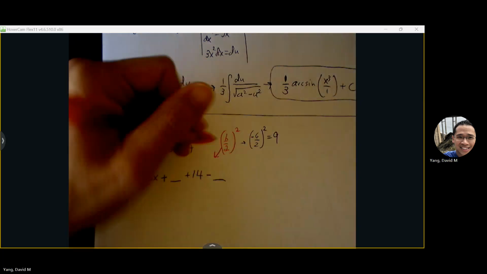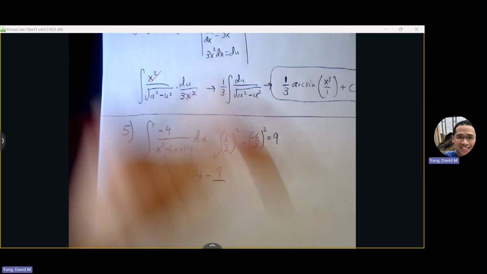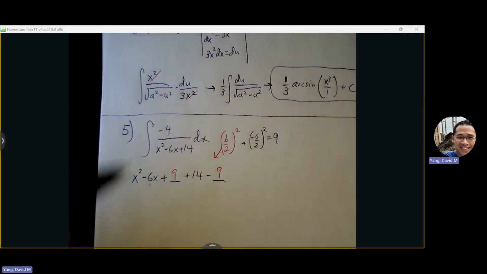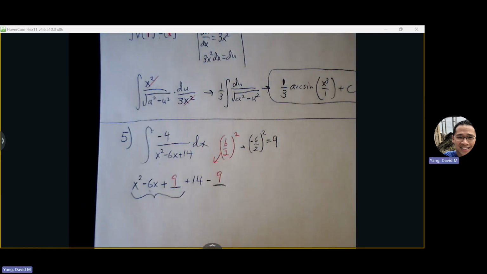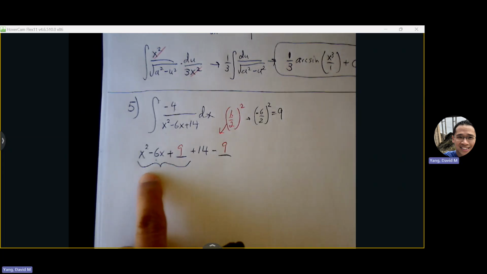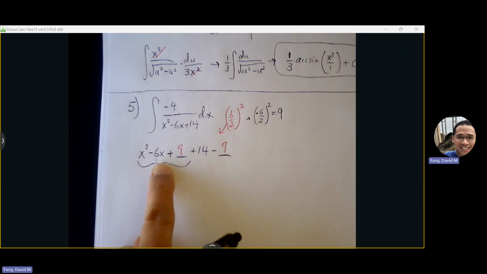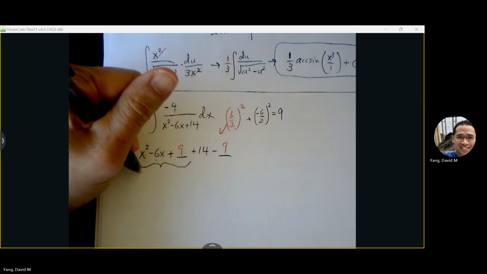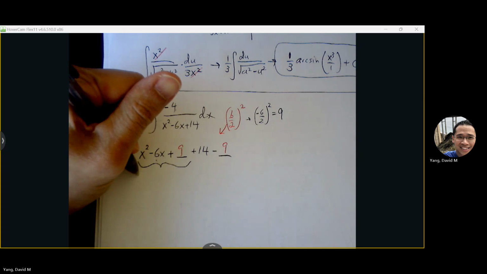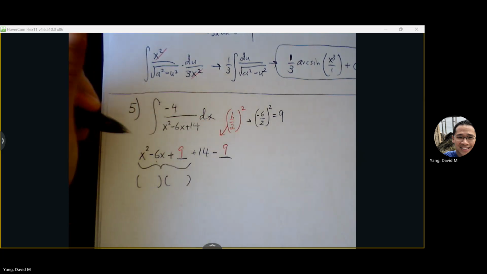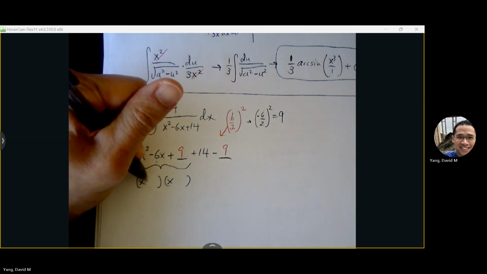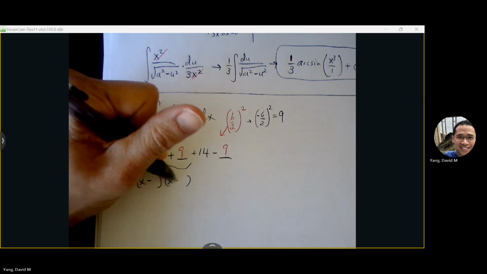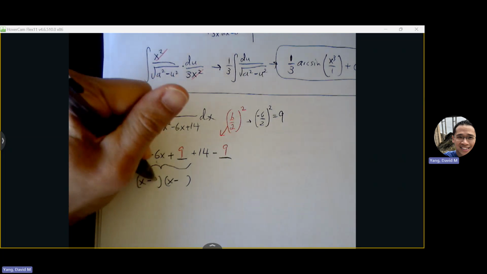So +9 and then -9. The whole point is this should allow this trinomial to factor nicely. What multiplies to 9 and adds to be -6? Negative what? -3, -3, right?